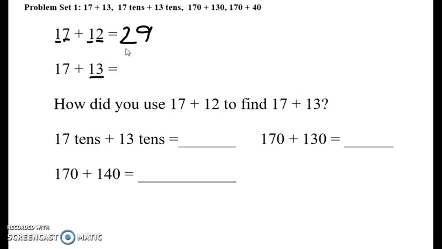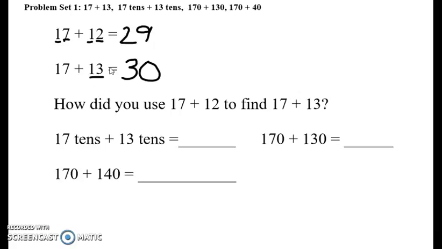What this means is my answer for 17 plus 13 will be one more than my answer was for 17 plus 12. So if I know 17 plus 12 is 29, I know that 17 plus 13 is going to be 30, because 30 is one more than 29.